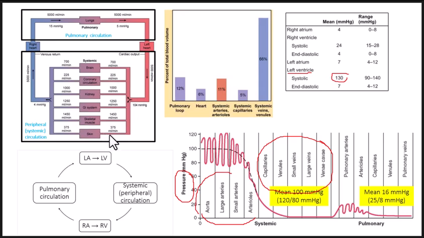However, it's not equal, and that's because certain systems need more blood than others. And so you can see that skeletal muscles, our gastrointestinal system, and our kidneys require quite a lot of blood delivered to them for their normal function. So you don't need to be aware of these specific numbers.